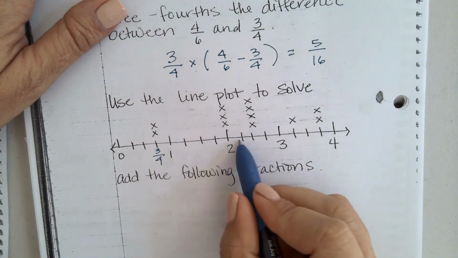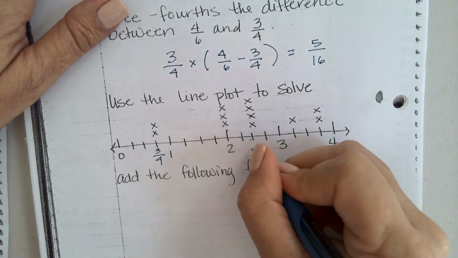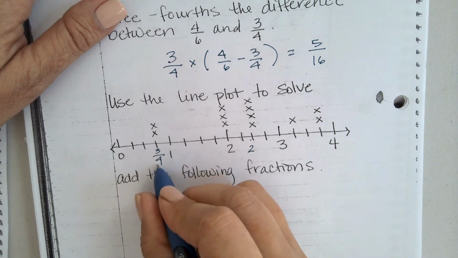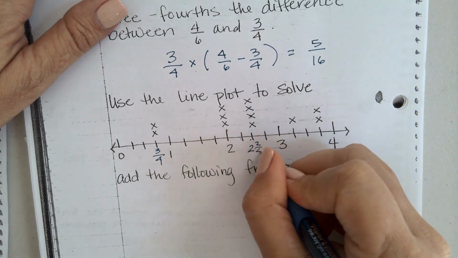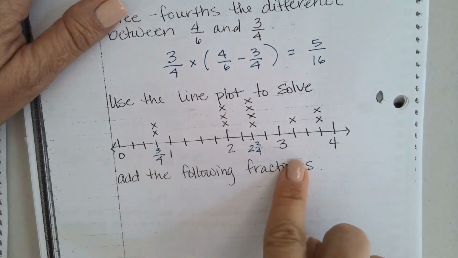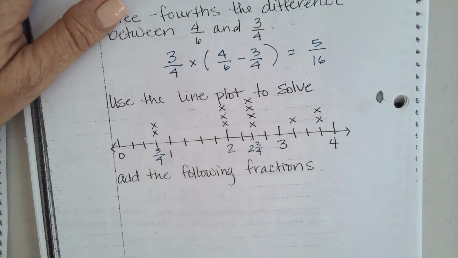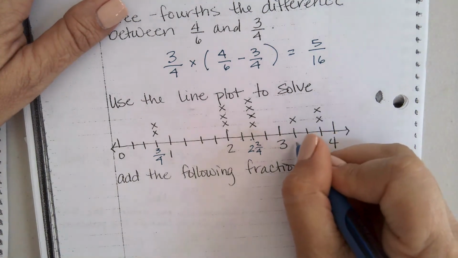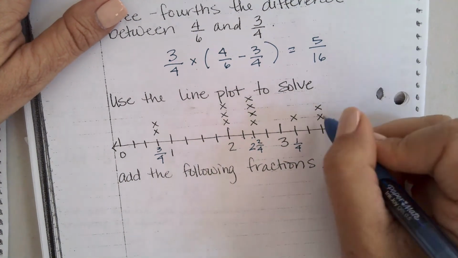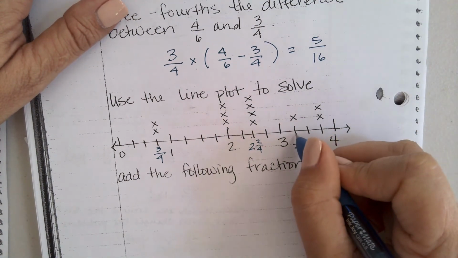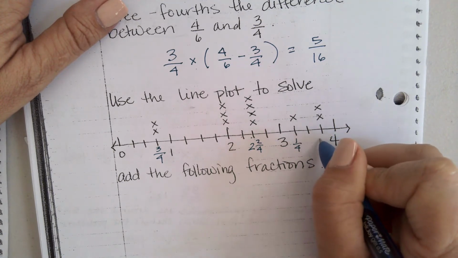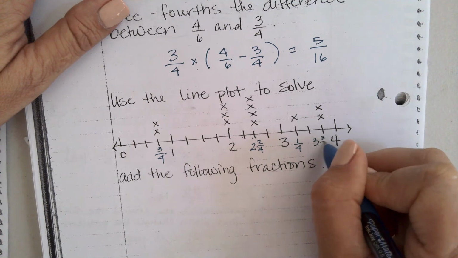So now this is 2 1/4, 2 1/2. But instead of going 2 1/2, I'm going to go 2 2/4, because if I have to add these up, it's going to make it a lot easier, right? And then 3 1/4, and then here's a fourth, here's a half, here's 3/4. So this is 3 3/4, right?